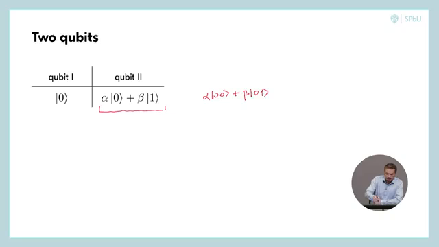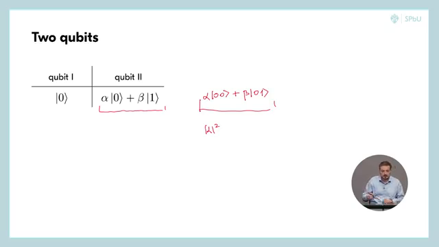So we used two of the vectors we just introduced in the previous slide to describe the state of this system. And this system is still in the superposition state, so we can measure it, and the probabilities of the measurement outcomes are still the same.